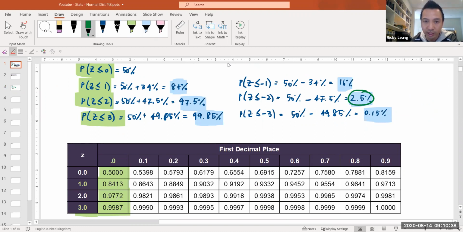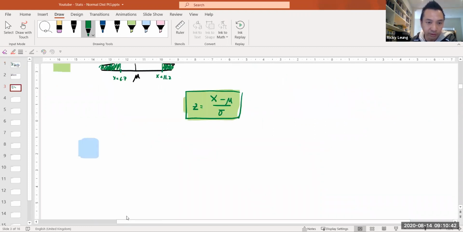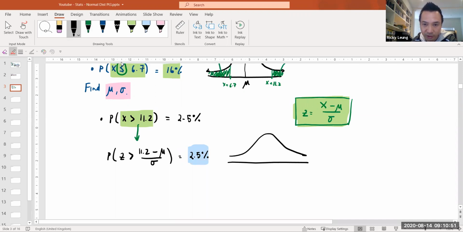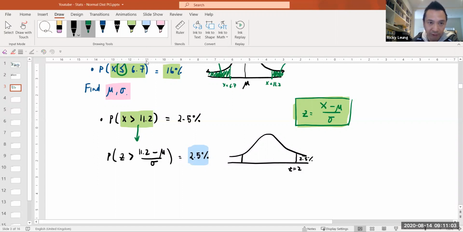So in other words, it's less than -2 on my diagram. It's the same as if I were to draw a graph: this 2.5% is over here, which I know from my table is exactly the same as when Z equals 2, that area there is exactly the same as this area here, which is equal to -2.